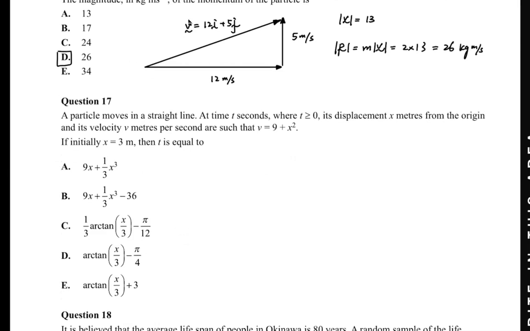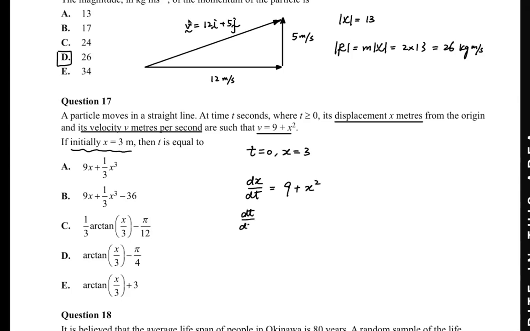A particle moves in a straight line. At time t seconds, its displacement x meters from the origin and its velocity v meters per second are such that v equals 9 plus x squared. You have t, you have x. Initially, x is 3 meters, t equals 0, x equals 3. dx/dt is your velocity, equals 9 plus x squared.